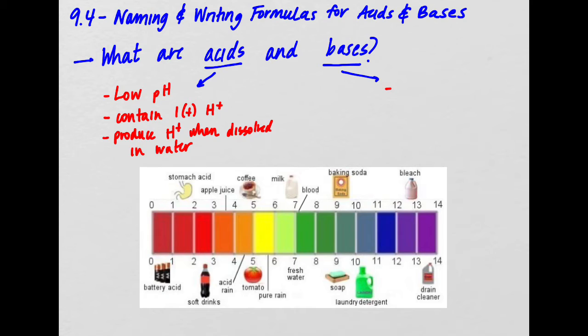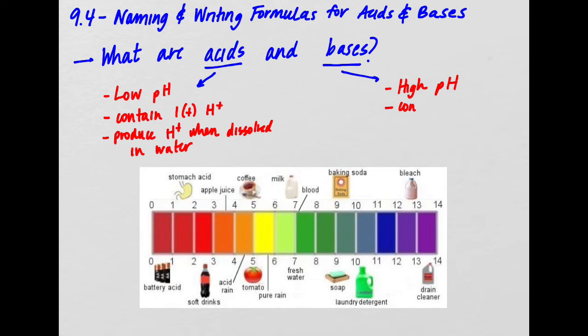Bases are basically the opposite. They have a high pH. Again, I'm going to explain that in 1 second. And rather than containing a hydrogen ion, they actually contain a hydroxide ion.